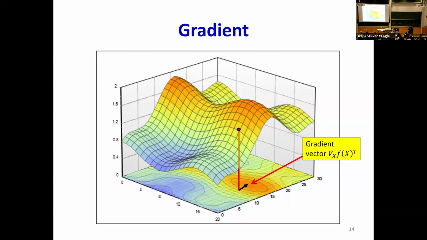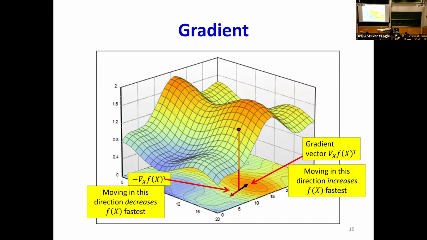There are many directions in which you can take a step for the function to increase. I could be taking a step slightly to the side, and the function is going to increase. But the gradient is the direction in which this function is going to increase the fastest. If you walk in that direction, it's going to increase really steeply.